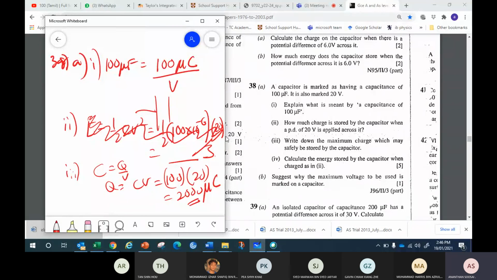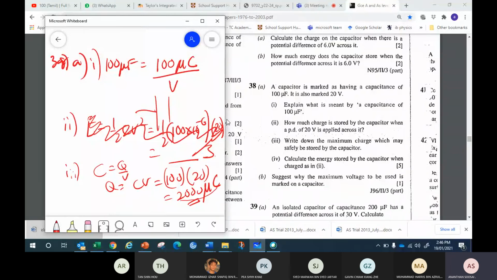So one uses C equals Q over V to find the charge. Another one is E equals half CV squared, with which you can find the energy. Then the 4th, they're asking for energy stored: calculate the energy stored by the capacitor when charged as in 2. So the maximum charge can be stored when the voltage is 20.